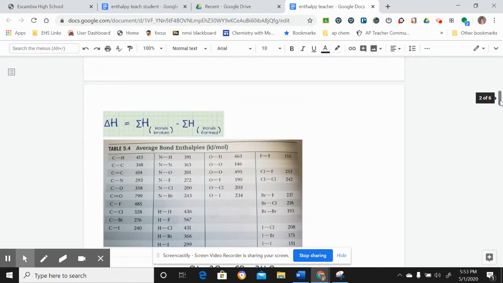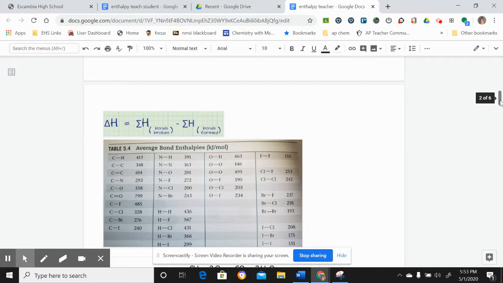So if I'm looking at the delta H here, the delta H of this equation is bonds broken minus bonds formed. So in an equation, where are my bonds being broken? Are they being broken in the reactants, or are they being broken in the products? They're broken in the reactants. And then where are bonds being formed? They're being formed in the products.